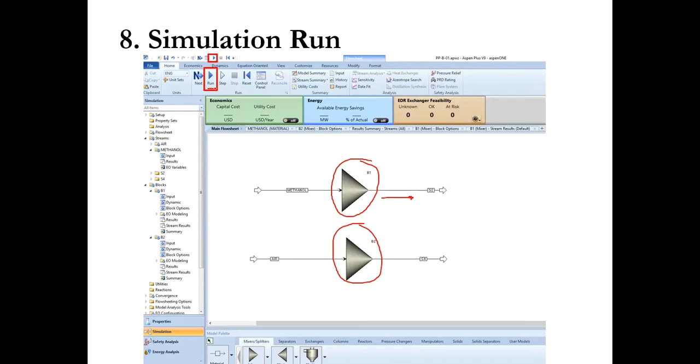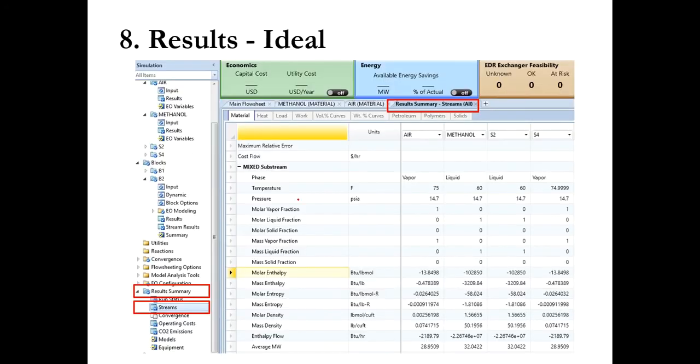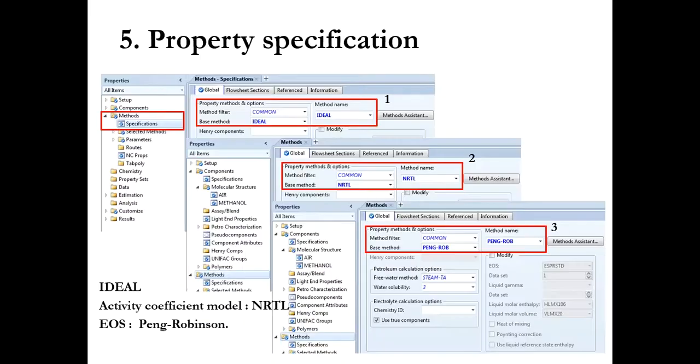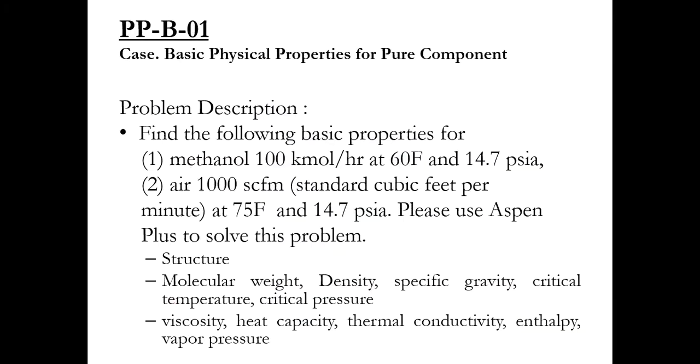After that you will add a mixer over here and the final streams, and once you have done that, click on run, and after running you see the results have been generated. Now these results do not contain these values currently. If I take you back to the problem statement, viscosity, heat capacity, thermal conductivity, and enthalpy are present, but vapor pressure is not present.